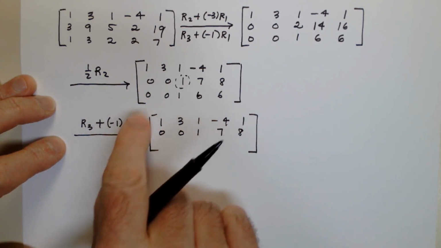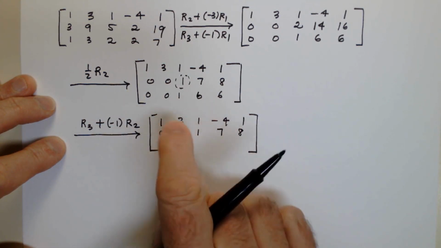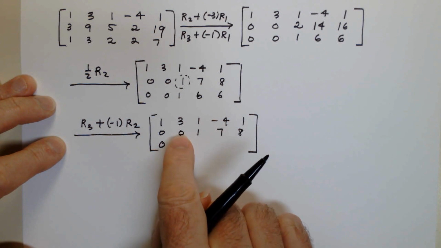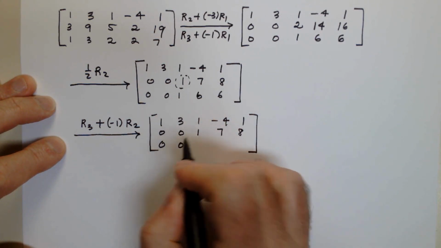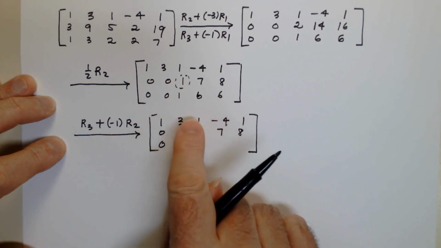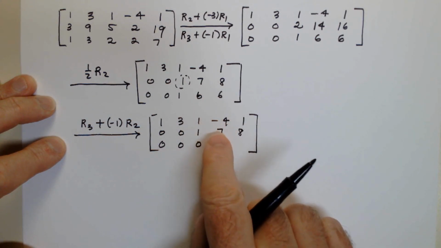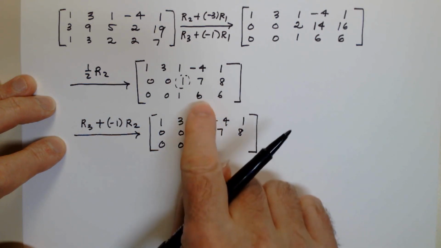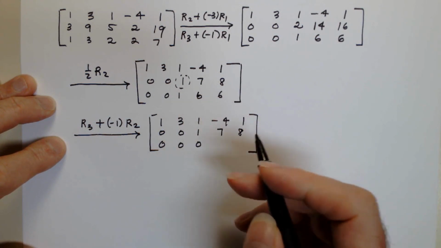So I'm multiplying by -1 and adding down. So I'll still have 0 here. I'll still have 0 here. -1 times 0 added on to 0 is still going to be 0. I'll see a change here. I'm multiplying by -1 and adding down, so this will now become a 0. I'm multiplying by -1, so this will become a -7. I'm adding it on to the existing 6, so that will become -1.